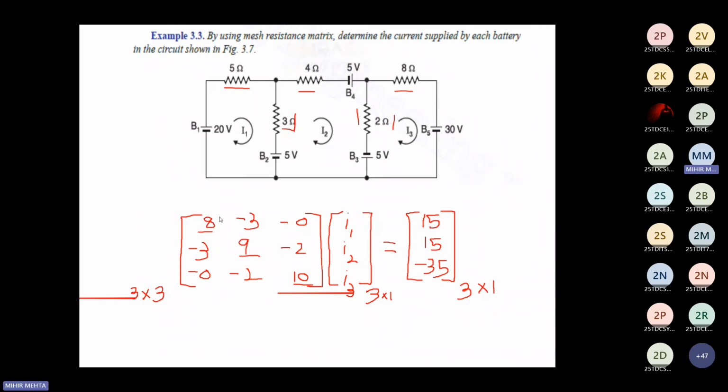So now, once we have done this, tell me what are we supposed to do? We have formed the matrix. What needs to be done next?